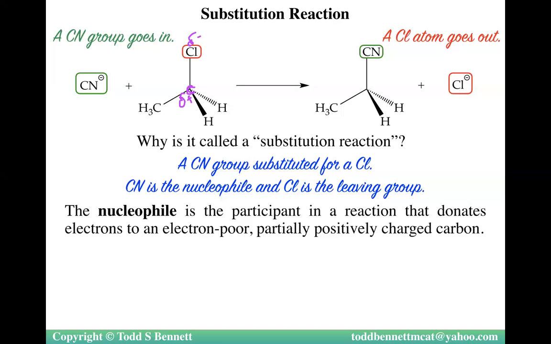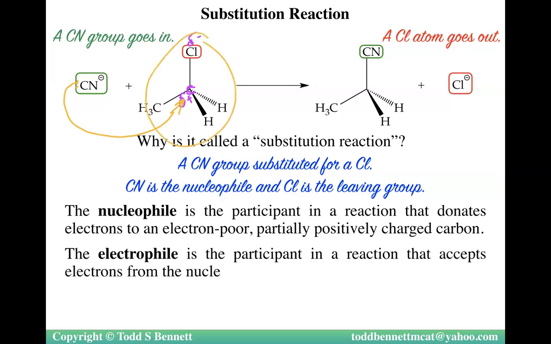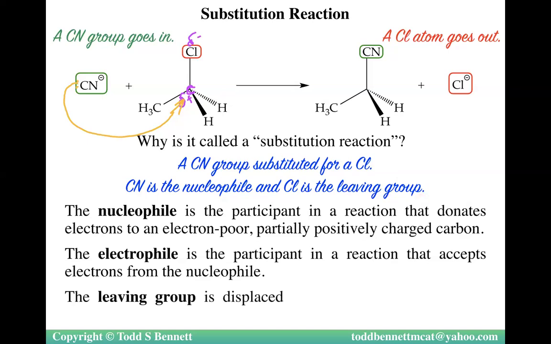So note that it's the partially positive carbon right here that it is attacking. Okay, so a lone pair on carbon will come in and attack that carbon. The molecule that's being attacked, so right here, loves the electron coming in, so it is an electrophile. And then the group being substituted for is referred to as a leaving group.